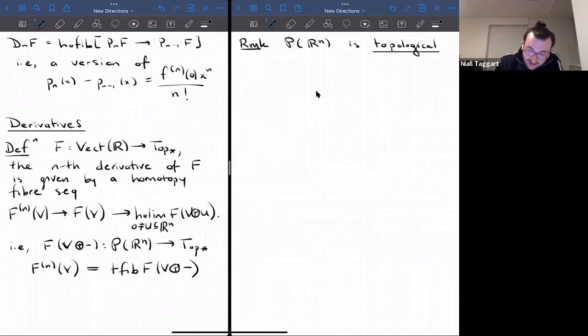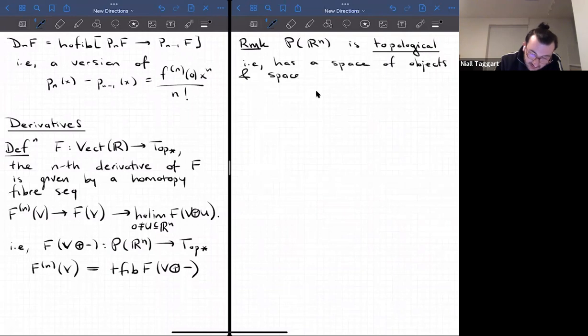By this, I mean it has a space of objects and a space of morphisms. Those are internal category spaces, and when you're doing these constructions, you have to take this structure into account.